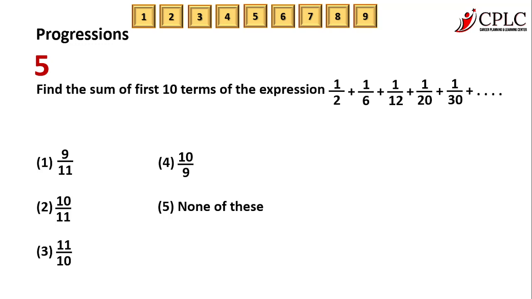So first, again, you'll need to try and identify which type of series it belongs to. So clearly, when you see from that perspective, you will realize that it is not even an AP and it is not even a GP, for example.